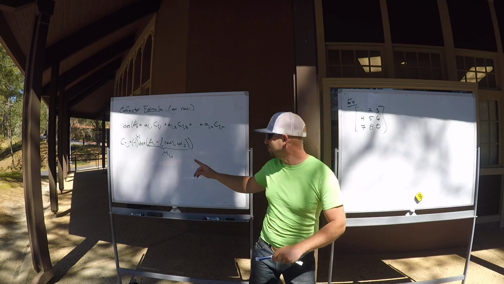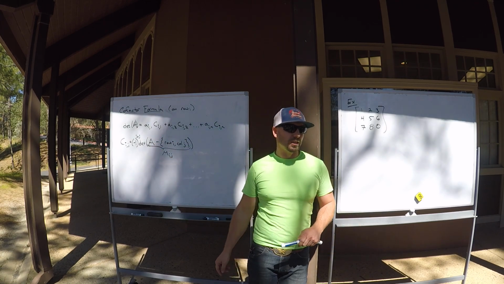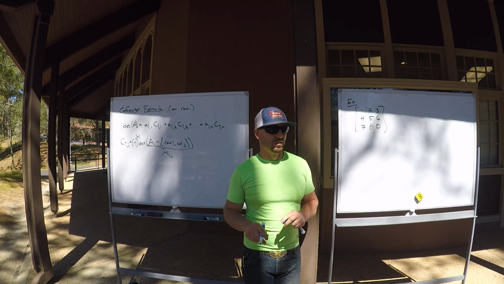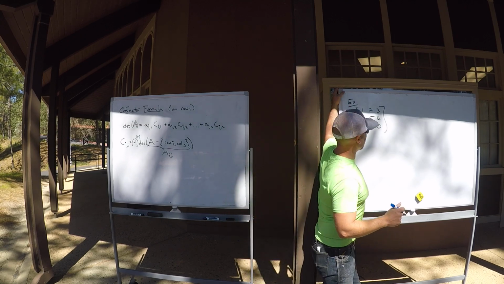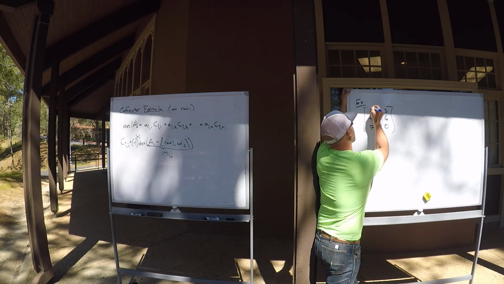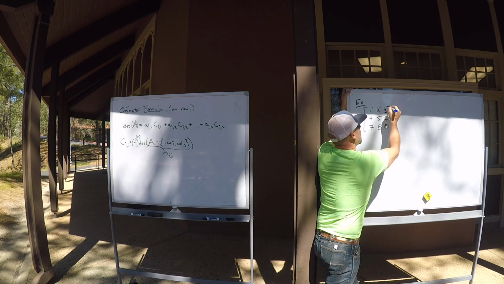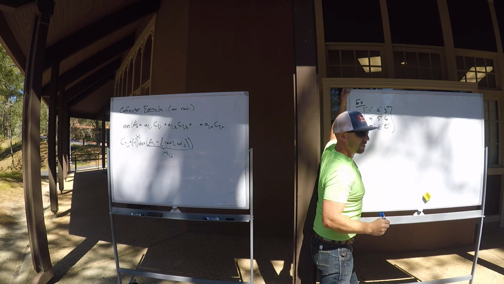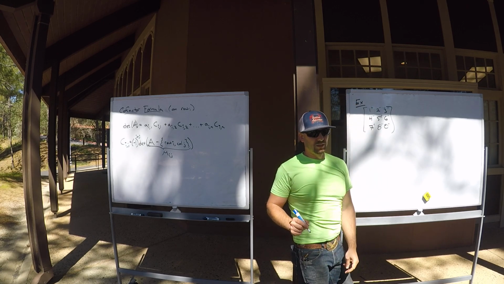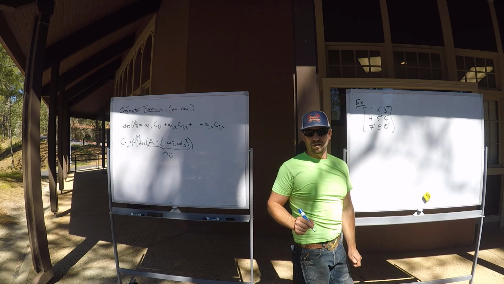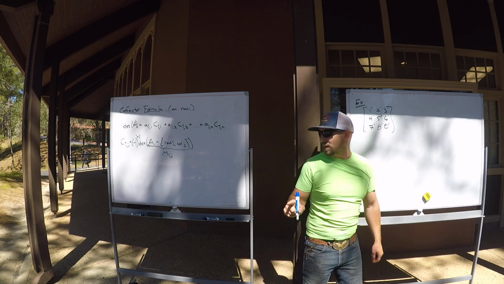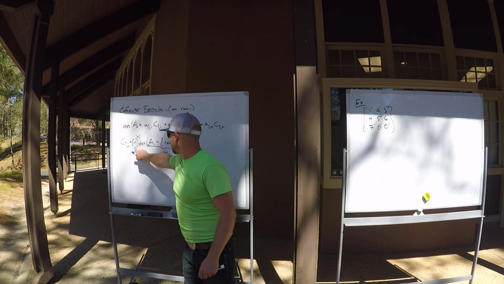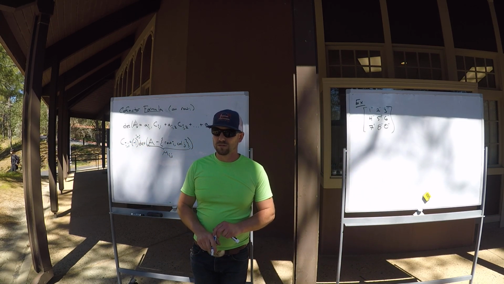This is why I don't use the (-1) raised to the I plus J. So I'm just going to take my matrix and go plus, minus, plus, minus, plus, minus, plus, minus, plus. It's just for me to keep the signs straight.